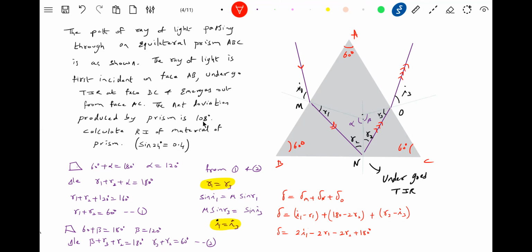Since R1 equal to R3, minus R1 plus R3 will cancel out. Minus 2R2 plus 180, and I1 equal to I3 we will get here. We know what other information is asked to get the material of the prism.